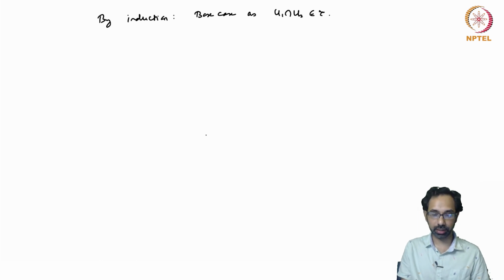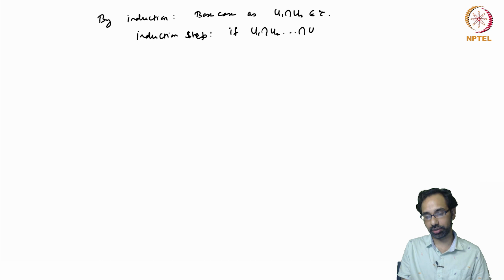Okay, this is the base case, and the induction step is that if U1 intersection U2 intersection ... intersection Un is in tau, then U1 intersection U2 intersection ... intersection Un intersection Un plus 1 belongs to tau.